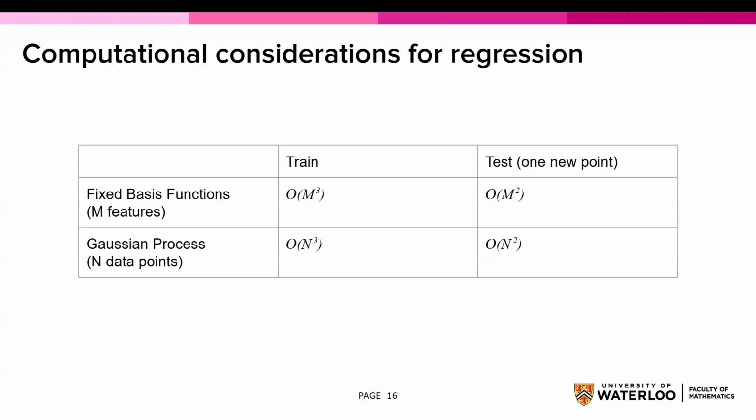If m is small and manageable and you actually know the basis functions, then it might make sense to use known basis functions. But if you need the flexibility and more complex kernels, and you don't have too much data, then Gaussian processes in the function space view might be the better fit. So there are strengths and limitations for each approach.